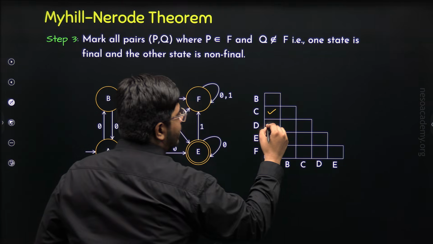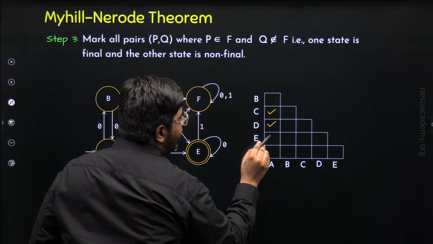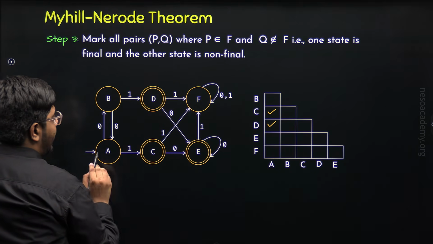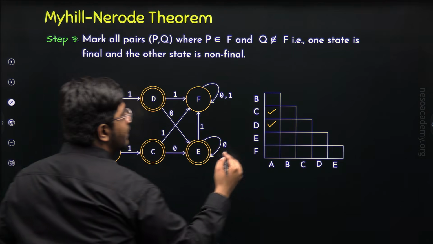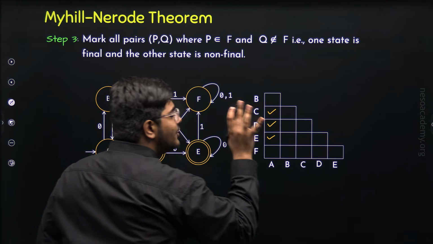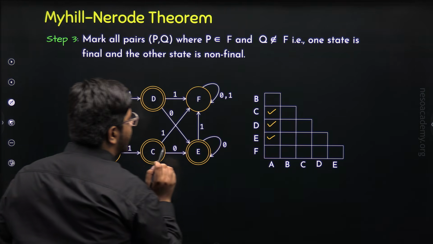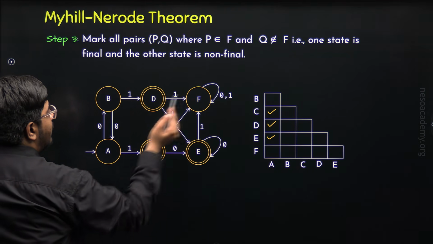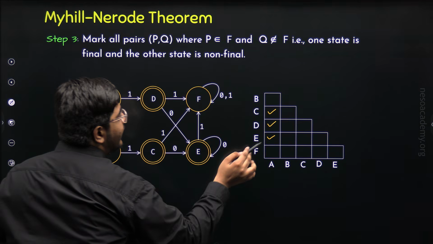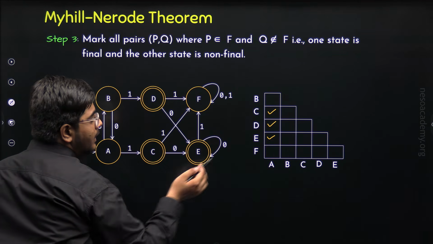So we can mark this particular state also. EA. EA, final, non-final. So we can mark this. One should be final and one should be non-final. FA. FA. Both are non-final. So we cannot mark this particular pair.